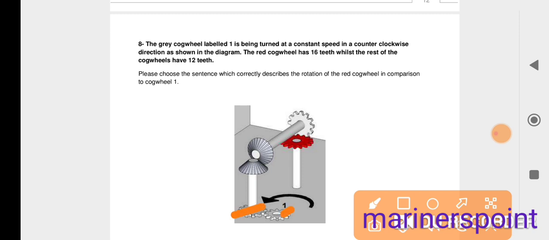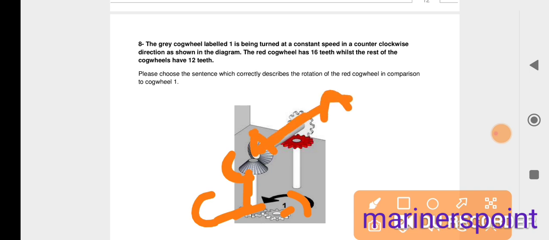This one is anti-clockwise, that means this one clockwise, and this is an external gear, so it is clockwise to anti-clockwise, and this is on the same rod, so anti-clockwise, and here you can conclude external gear, that means clockwise.